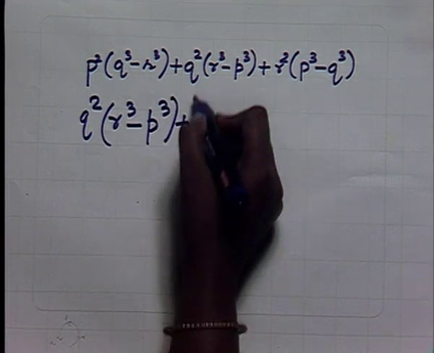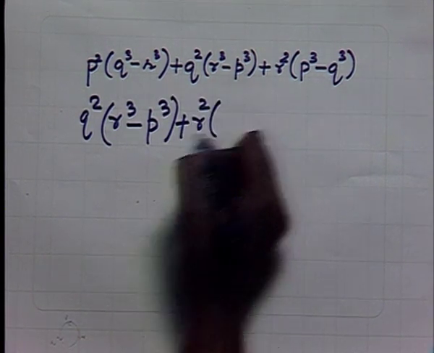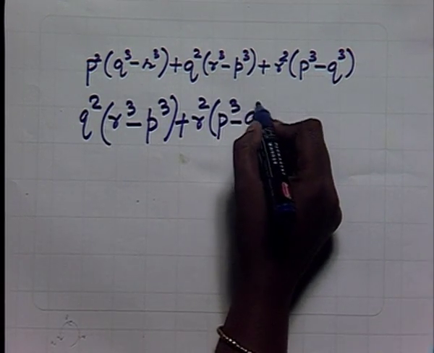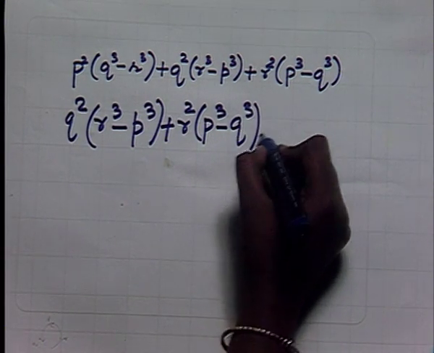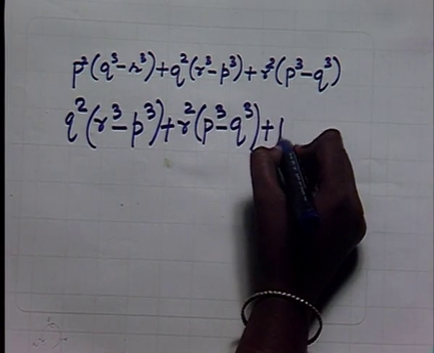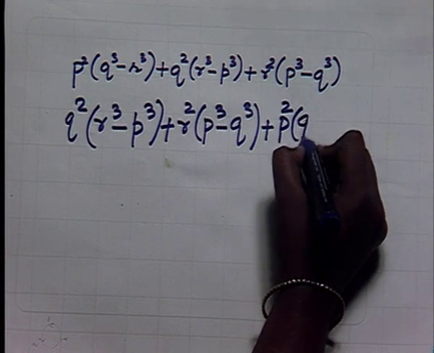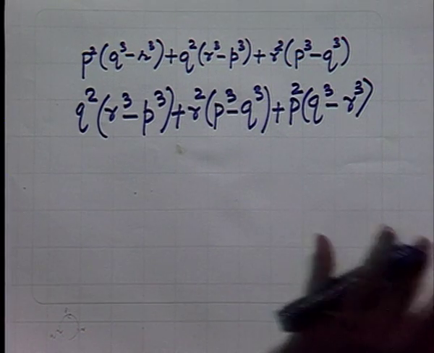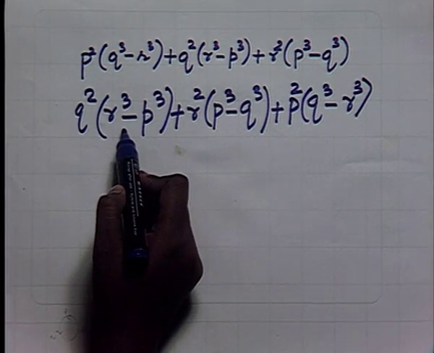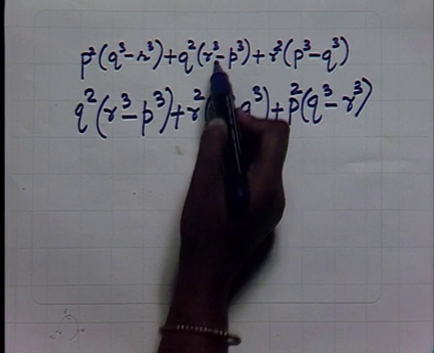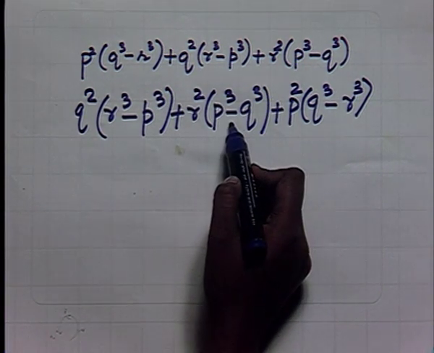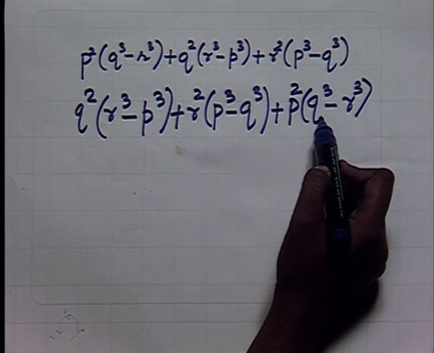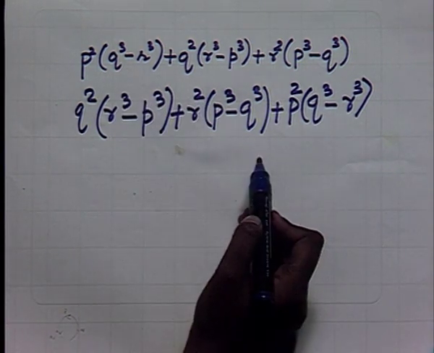The second term becomes r square into p cube minus q cube, and the third term becomes p square into q cube minus r cube. Observe carefully that the first term here is nothing but the second term in the initial expression. The second term here is nothing but the third term in the initial expression, and the third term here is nothing but the first term in the initial expression.